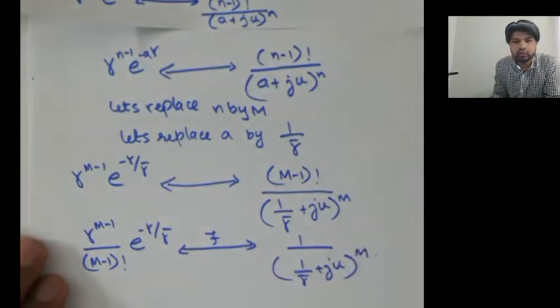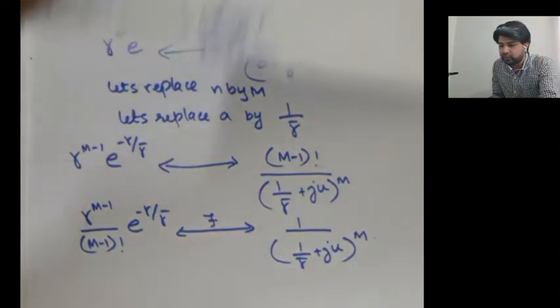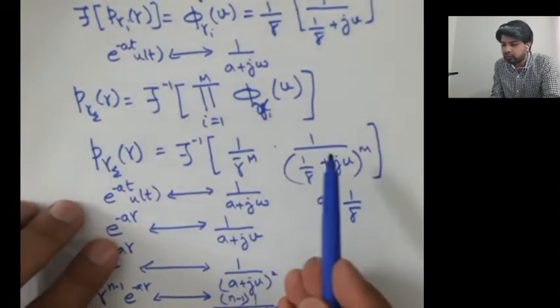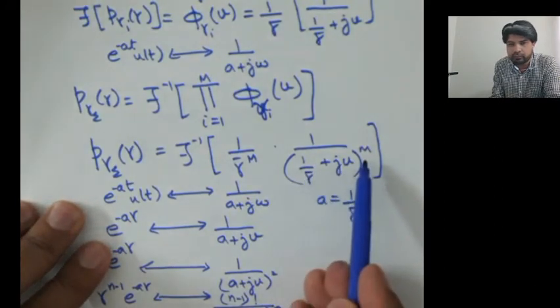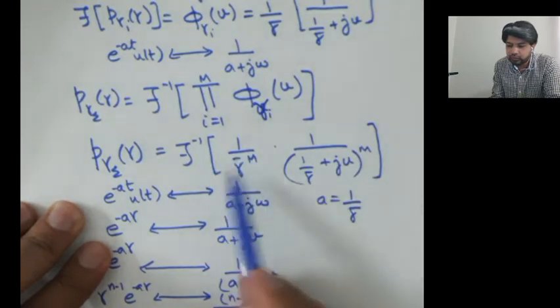So now we are very close to what we want to find out eventually, which is 1 over (gamma bar plus jv) to the power M. Now this is a scale factor that you can multiply on both sides.